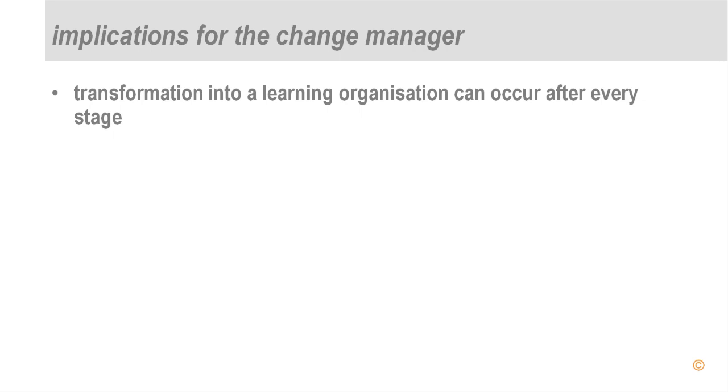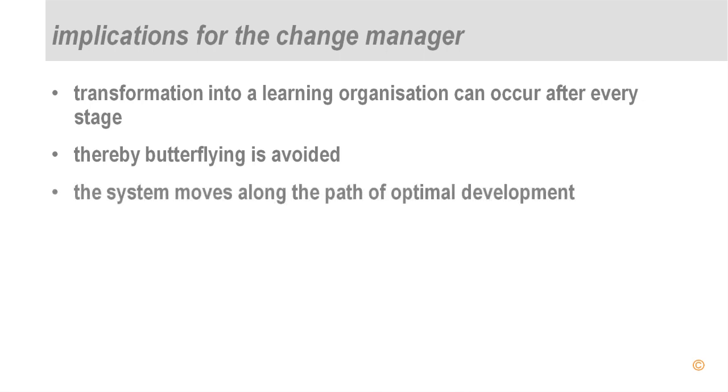We could set up at the outset of the business that the business is a systemic learning organization and has integrating and differentiating tendencies set up, and as the business grows they change their shape, but they are not butterflying from the one to the other. There's always integration and differentiation. So by setting up a learning organization, we can move along the path of optimal development and avoid butterflying.